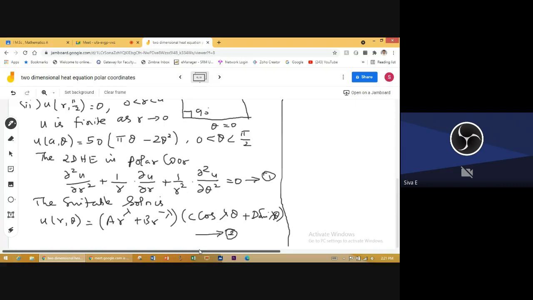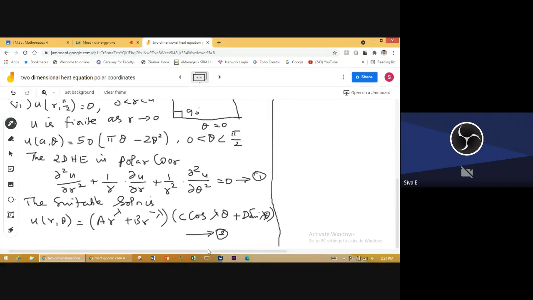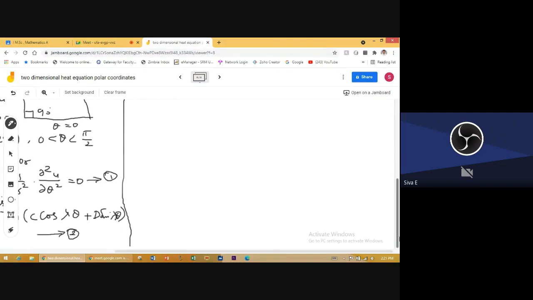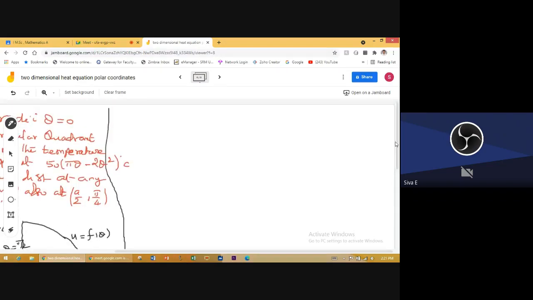Now applying the boundary condition 1. What is the boundary condition 1 here? u of r comma 0 equal to 0.